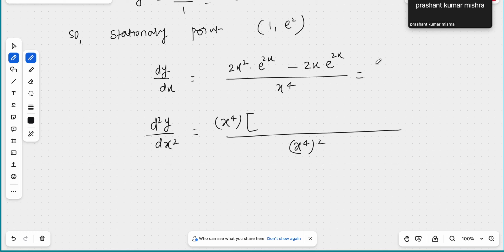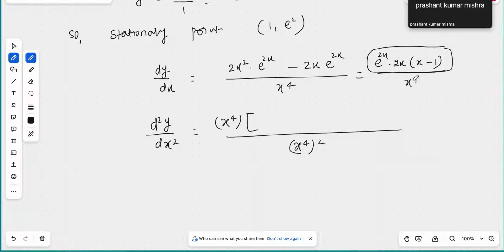Can't we write it this way, e raised to the power 2x times 2x and then x minus 1, over x raised to the power 4? Yeah, we can differentiate it. So the derivative of this term is again complicated, but we need to do that.